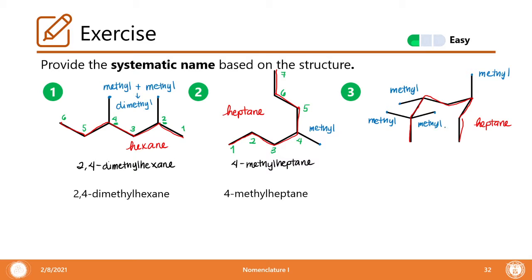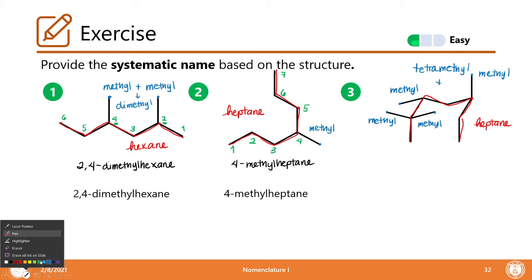So we have 4 methyls. We can actually combine all those together. They're all connected to the same parent chain, and so we can name it. If we add all of these together, we can name it tetra, for 4 methyl. You have tetramethyl, that's for 4 methyl groups.